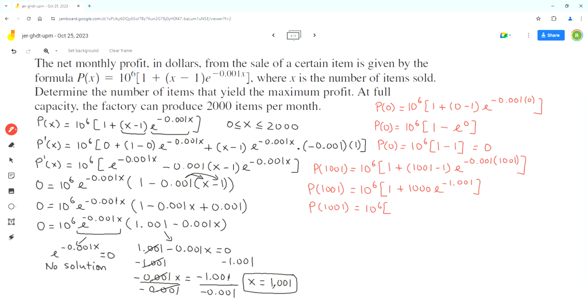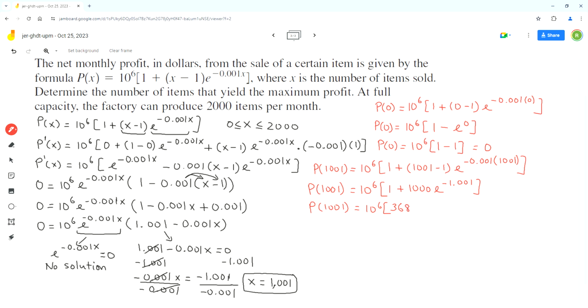So I got 1000. So I'm just checking my calculation again. So 1 plus 1000 times e to the power negative 1.001. Yeah, so I got 368.5.